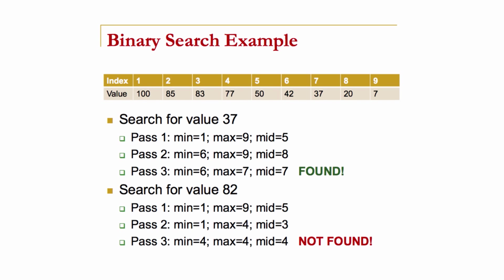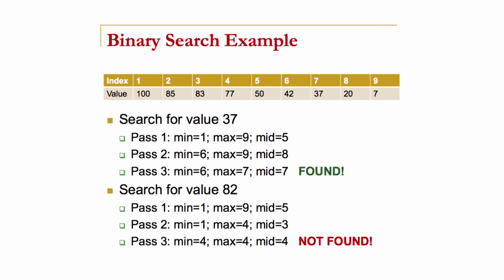This knowledge allows me to immediately cut my search space in half, so that on the next pass, I'm searching with the minimum value of 6 through 9, just the right side of this list. The middle, in this case rounding up, would be 8. I again look at the value inside of index location 8, which is 20, and I compare 20 to 37.